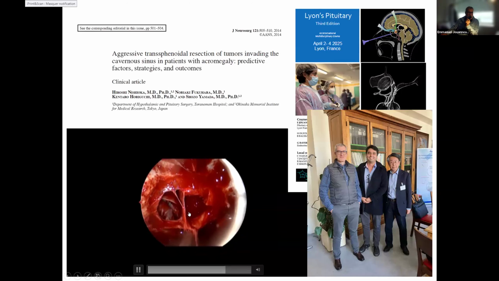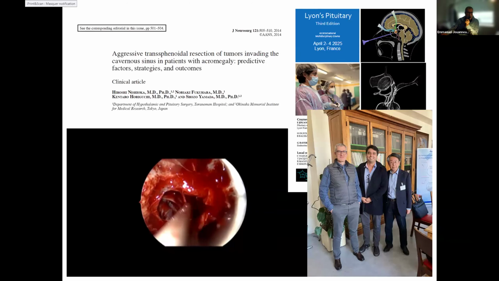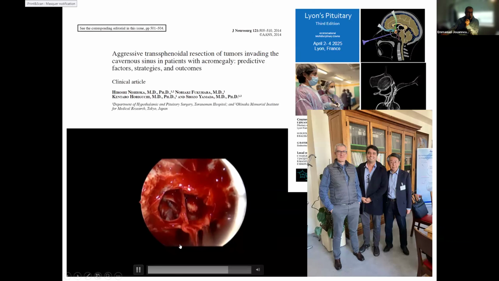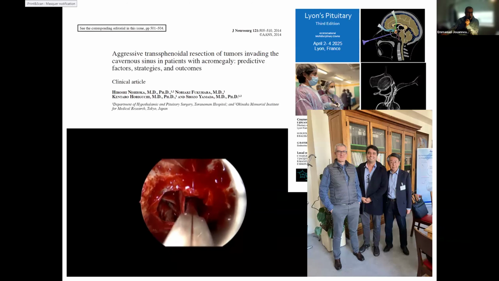Here is the carotid with the sympathetic branches. Here is the pituitary gland. And the goal of that is to remove the medial wall of the cavernous sinus. There is no tumor inside the cavernous sinus, just a possible microscopic invasion of the medial wall, and we try to improve our results for secreting pituitary adenoma, especially for acromegaly patients.